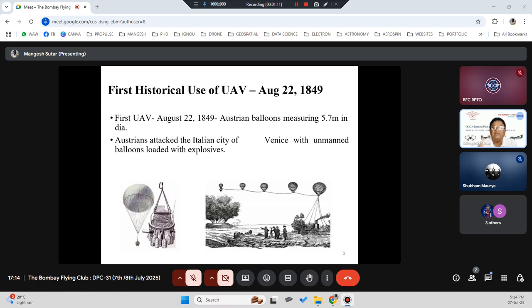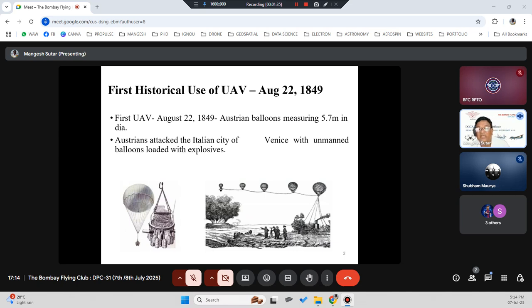It would rise, and they would attach explosives around the basket, and after a particular time, the balloon would fly up to a certain distance. After reaching a certain distance and time, it would automatically trigger and launch those explosives. Okay, so it would keep on dropping at regular intervals. That is what they planned.